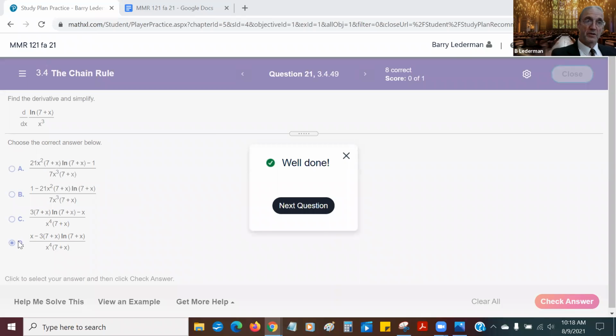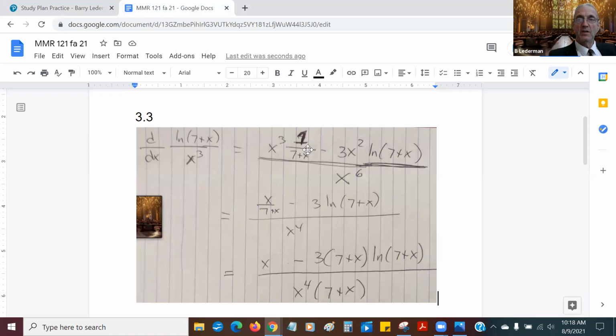Okay, well the answer is choice D, and I'm going to show you how I got that. I actually put the steps over here, so this is on your Google Docs. So you could always look at this. The derivative of ln of, because it's really not so much chain rule, more quotient rule. So I want the bottom times the derivative of the top minus the derivative of the bottom times the top, over the bottom squared.